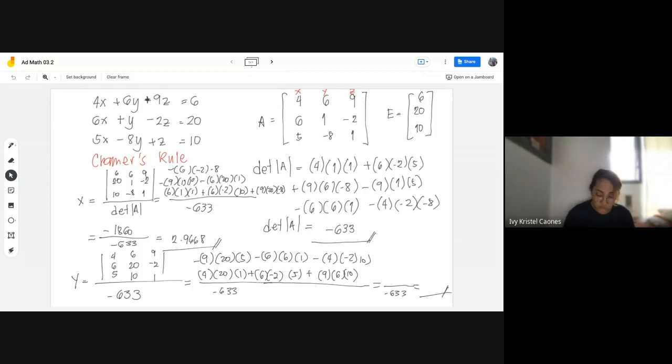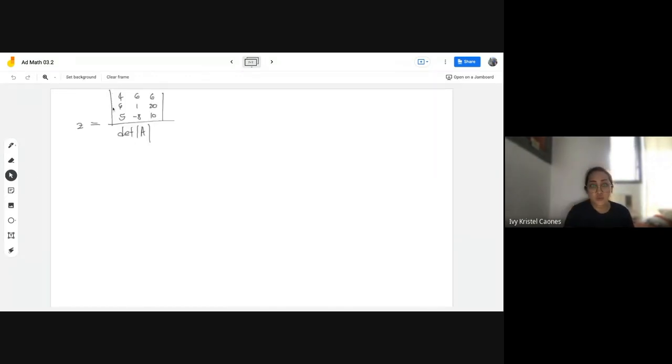What's the answer for the determinants of the Y? For letter Z, 465, the X, 61, negative 8 for the Y. Then replacing the column Z by the column matrix 620 and 10.